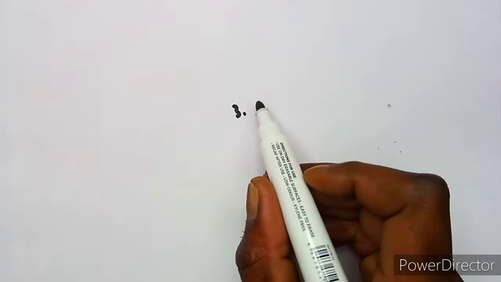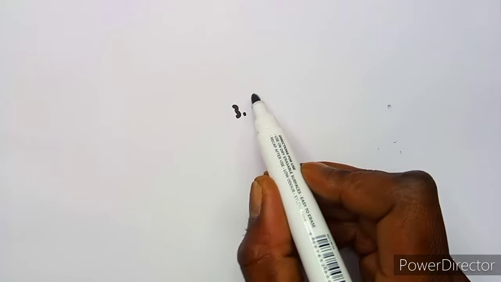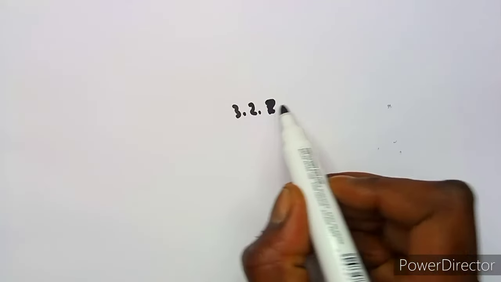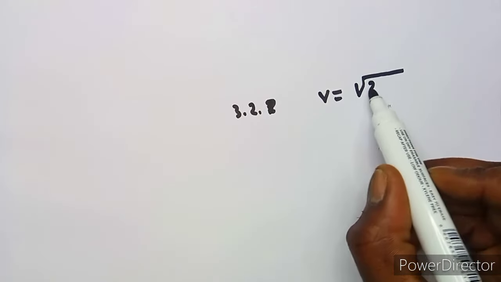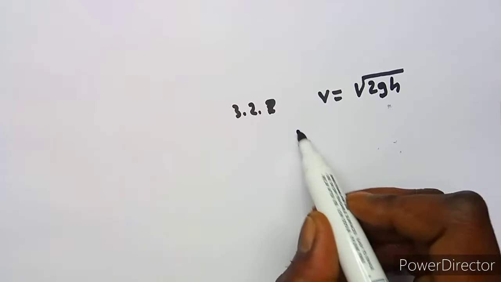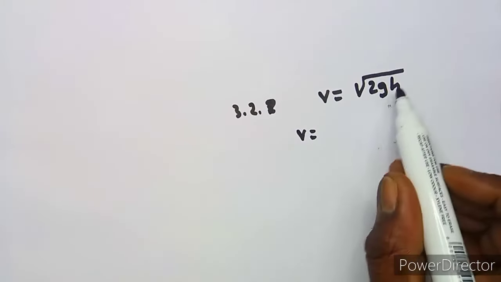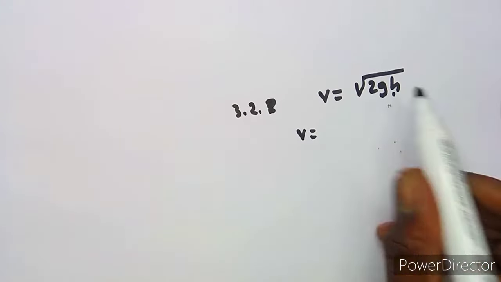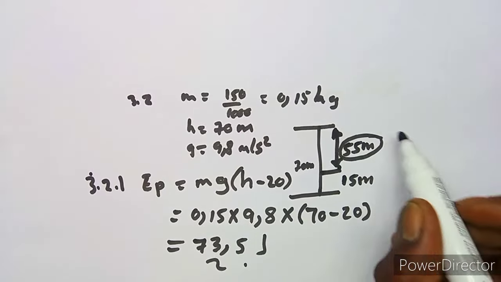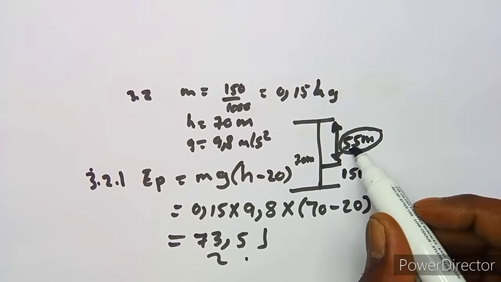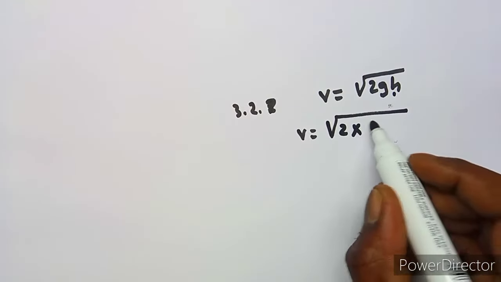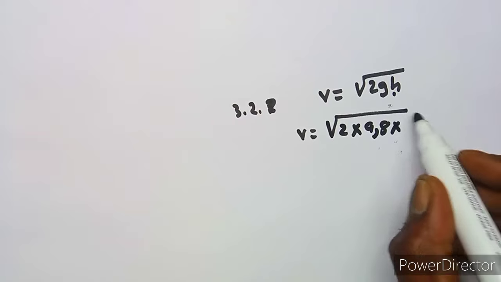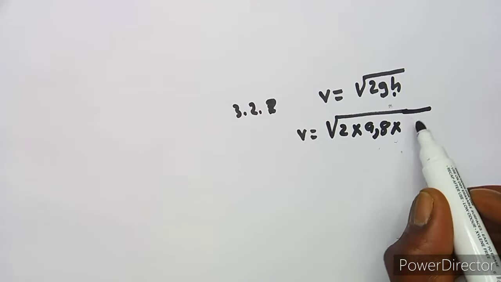So we can use this formula to calculate v, since we want velocity. Remember I told you about this formula where velocity can be transposed to give us the square root of 2gh, but this h now is this height of 70 minus 15, which is 55. So it's going to be the square root of 2 times 9.8 times the height, which is 55.